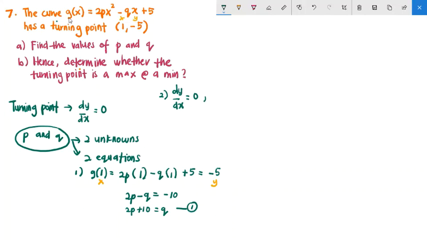So it will be 4px minus q is equal to 0. Substitute the value of x, so it will be 4p times 1 minus q is equal to 0. 4p is equal to q. This is equation 2.